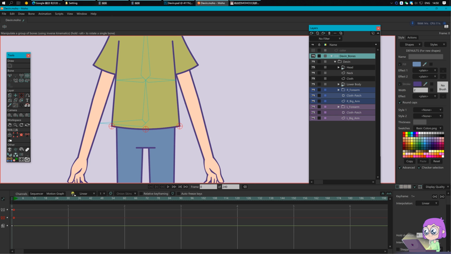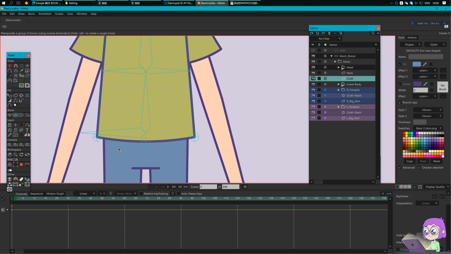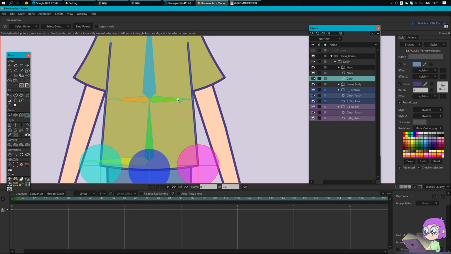Now when I manipulate the bones, the 3 point bones change to the size I adjusted, kind of like offset bones. This method is only applicable to 1 point bone bound to 1 point. If a 1 point bone is bound to 2 or more points, this method cannot be used.